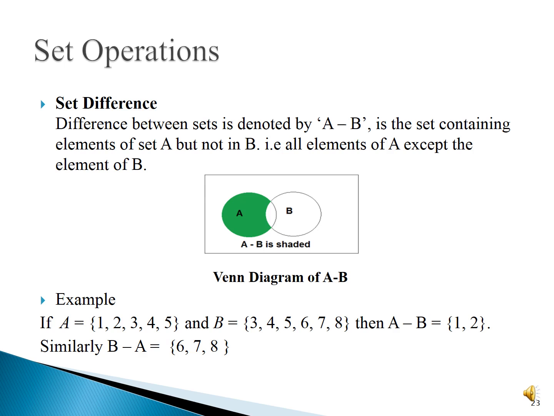Then 3 is an element of A but 3 is an element of B also, so it will not be included in A minus B. Then 4 is an element of A but it is also an element of B, so it will not be included in the difference. Again 5 is in A but it is also in B, so it will not be included in A minus B. So A minus B will contain all the elements of A but not the elements of B.